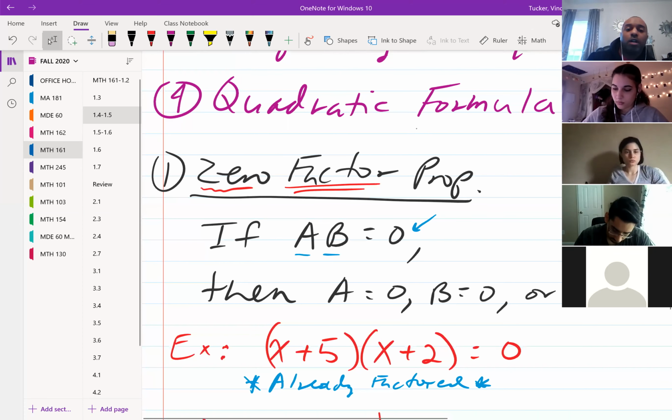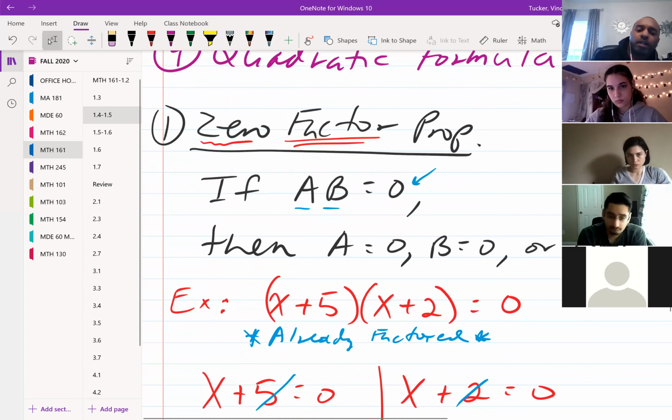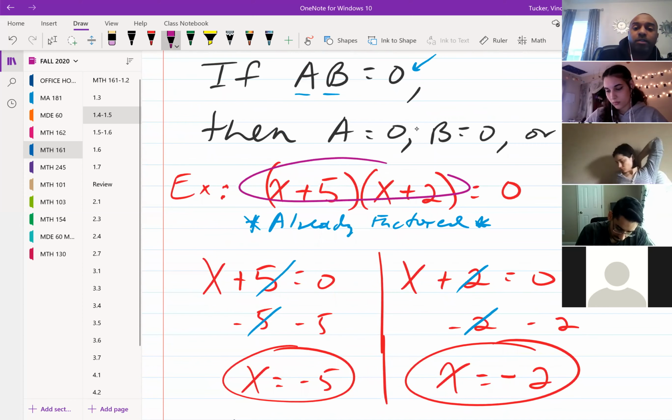It says if A times B is equal to 0, then A is equal to 0, B is equal to 0, or both. So just a light example of the process and what we're trying to get to. You will have a trinomial or maybe something more involved, and you want to break it down into this form, x plus 5 times x plus 2.